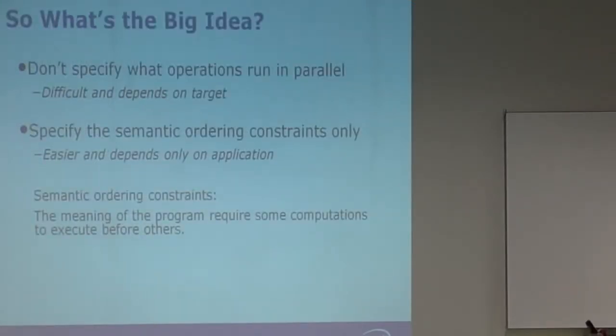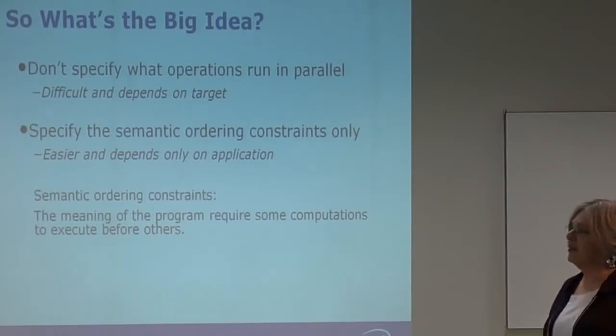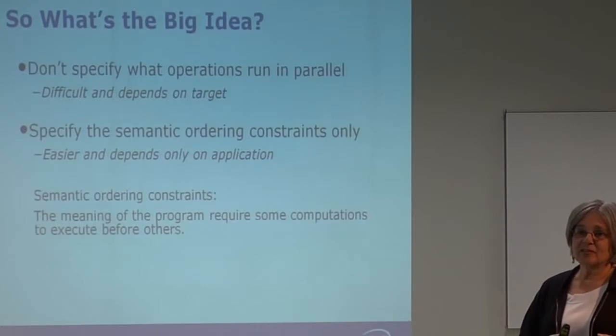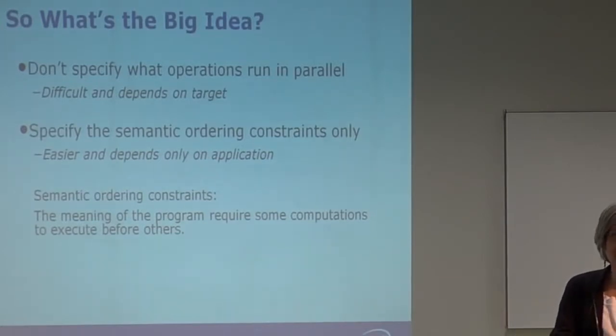So the idea is you don't specify what operations happen in parallel. This is difficult. Might not be difficult for you, but for a lot of people it's difficult. And it also depends on the target, and that is true for you. I take it you're quite aware of that problem.